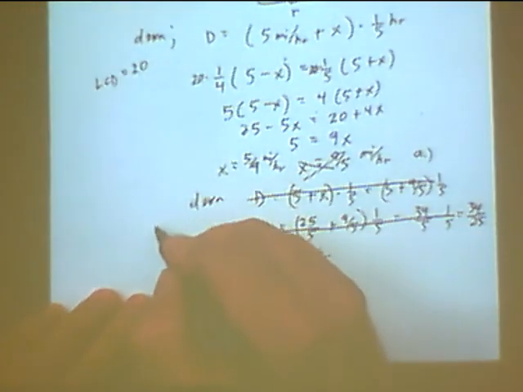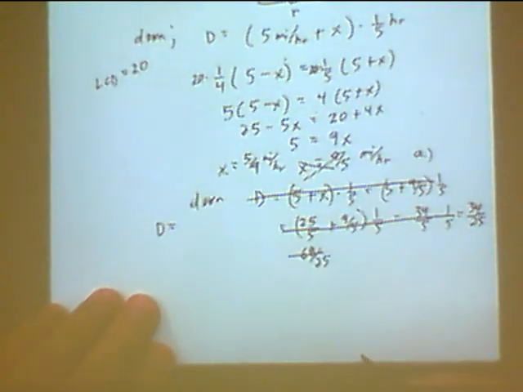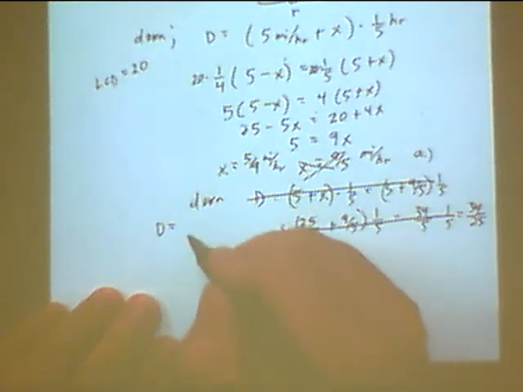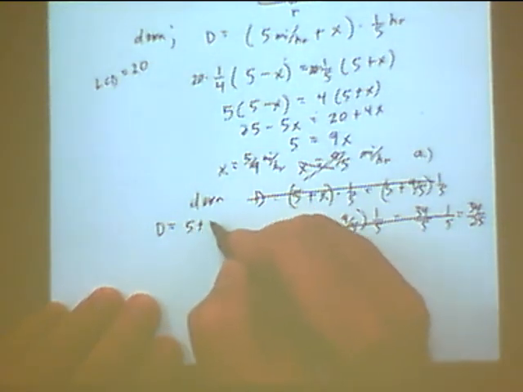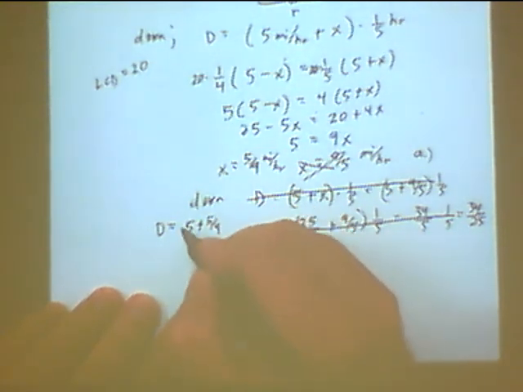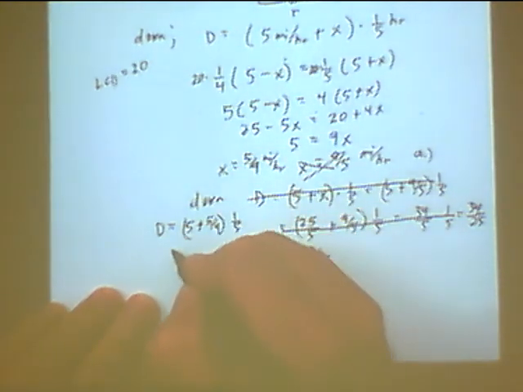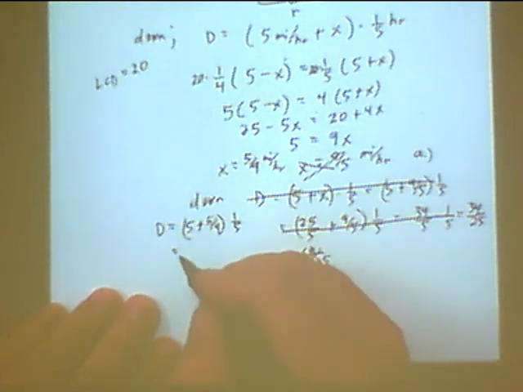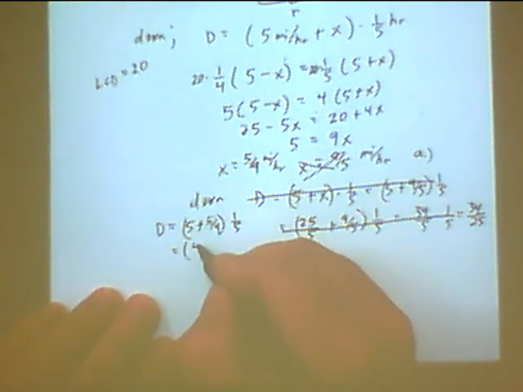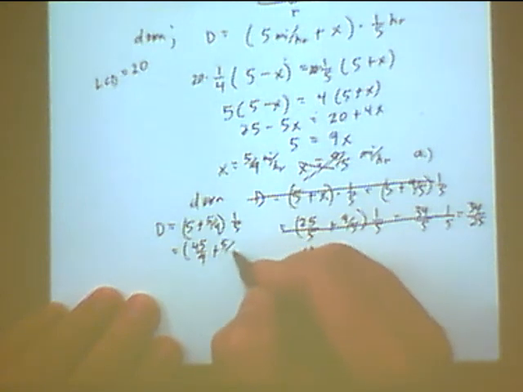So now the distance downstream is going to be (5 plus 5/9) times 1/5. Now the common denominator is going to be 45 over 9 plus 5/9 times 1/5.